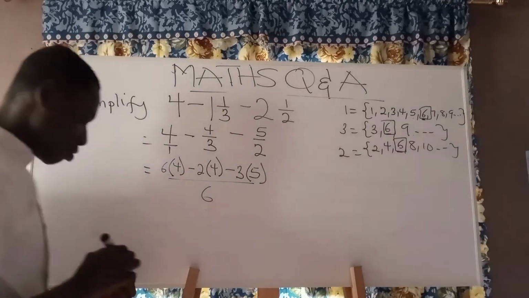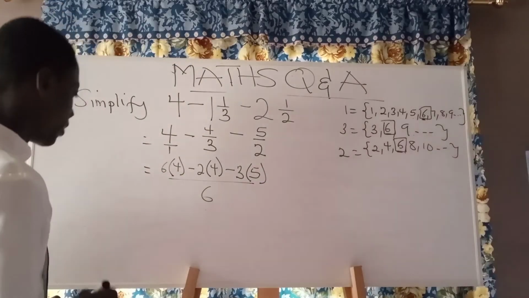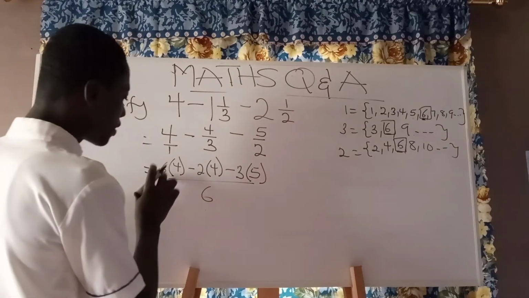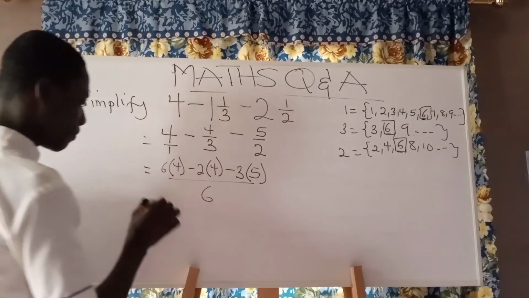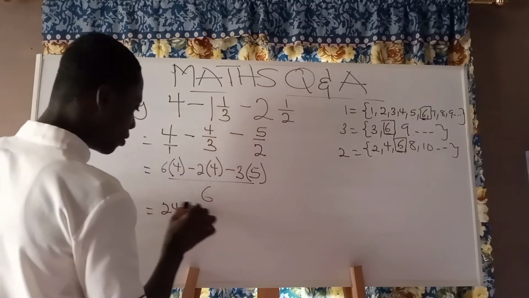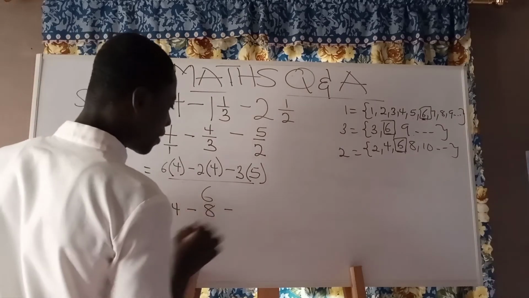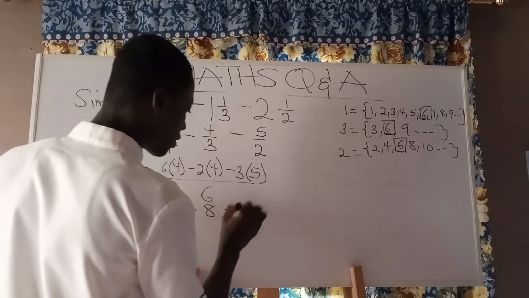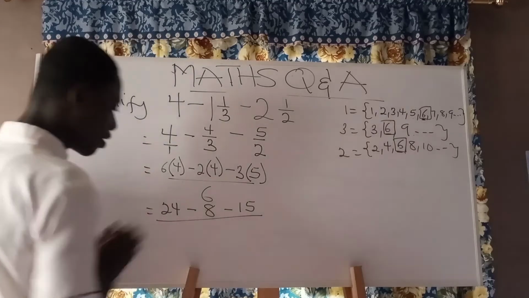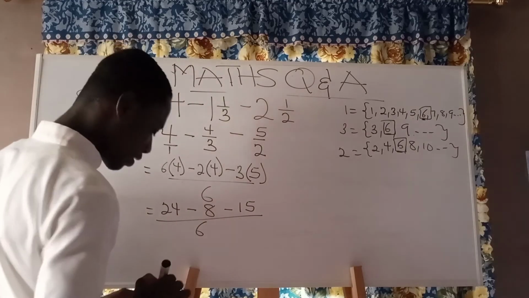Good. So let's now do the multiplications. 6 times 4 gives you 24, minus 2 times 4 gives you 8, minus 3 times 5 gives you 15, all divided by 6.